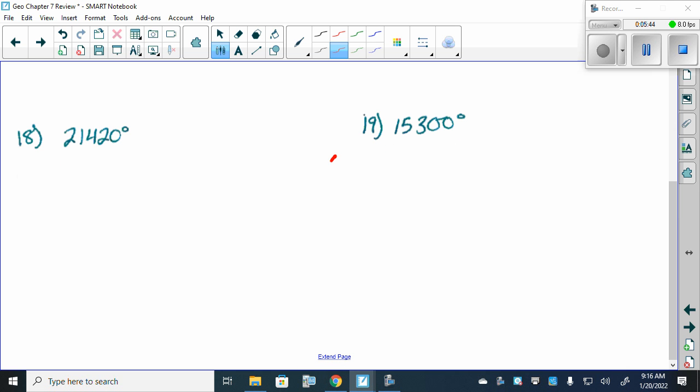Well, I know that the sum of the interior angles of a polygon is given to us by the equation n minus 2 times 180. So if I plugged the number of sides into n minus 2 times 180, it would tell me that it's 15,300 degrees. So I just need to solve for the value of n.